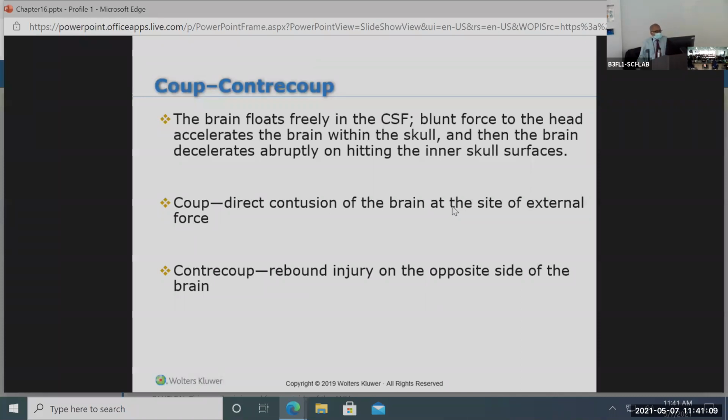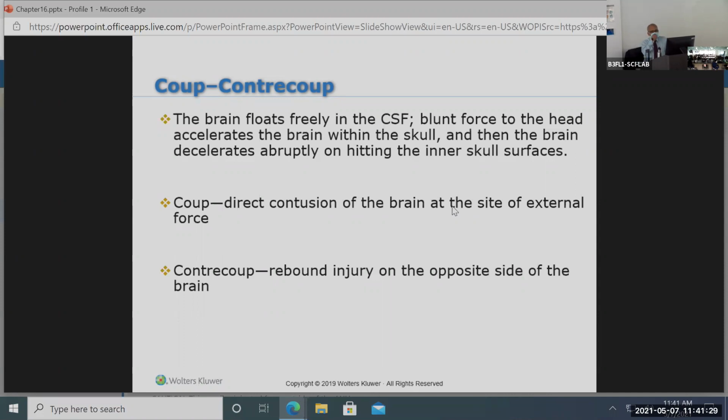Coup is direct contusion of the brain at the site of external force. Counter coup is the rebound injury. Somebody hit me in the forehead. I got the coup.